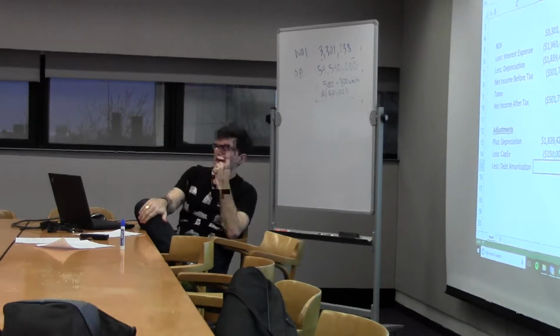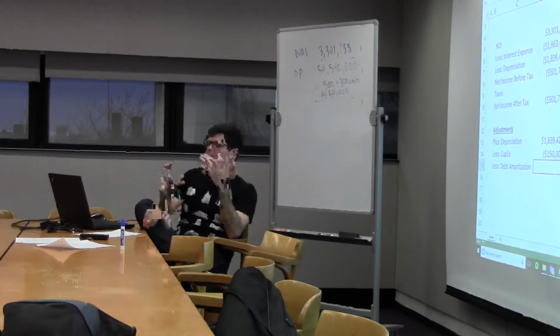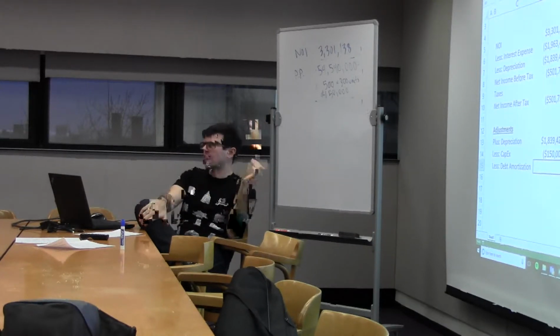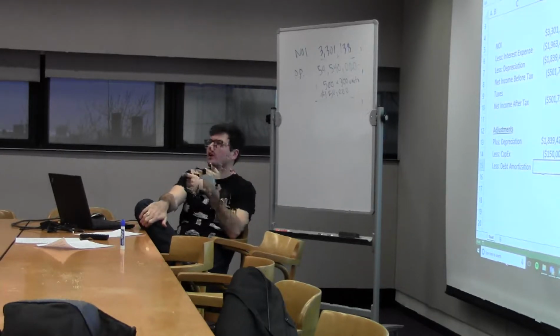So interest is the cost that you pay to the bank for taking out the loan. You're going to eventually have to pay back that whole loan in full. But interest is just everything above the amount of the original loan. The debt amortization is just paying down the loan.